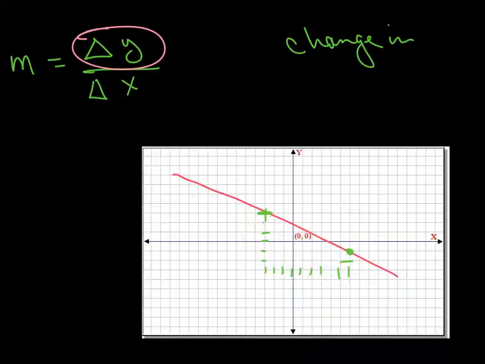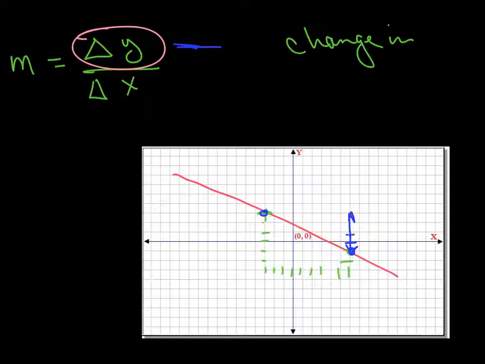I need to know how far apart we are up and down. That's the key thing I'm looking for, because here's one of my points and here's my other point. If I'm looking for the change in y, I'm looking at the distance between the y values, the distance up and down.